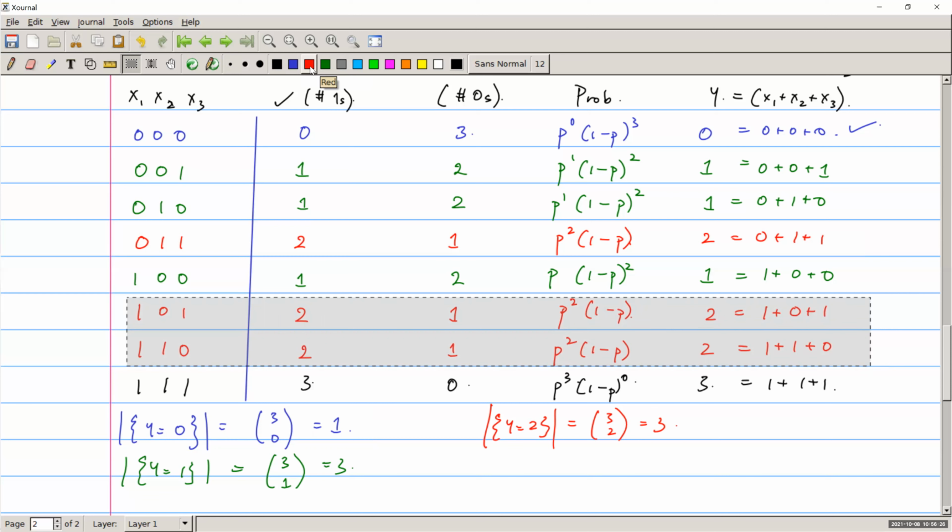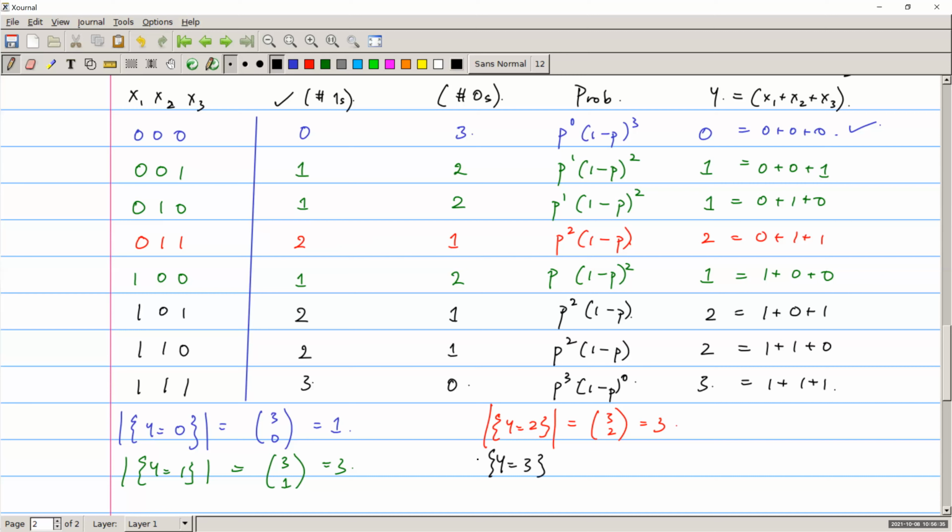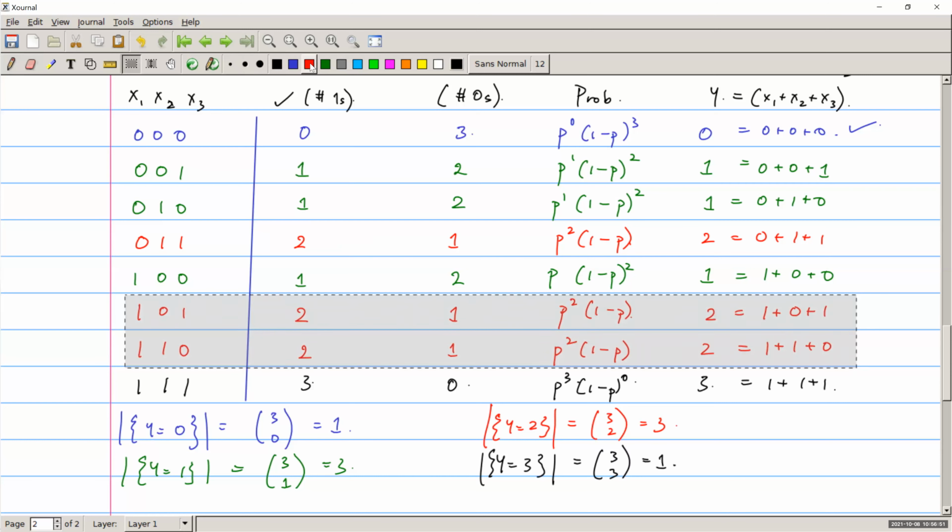And finally, y equals 3 is the remaining event. It has size 3 choose 3, which is 1. So y equals 3 is the one outcome in black.